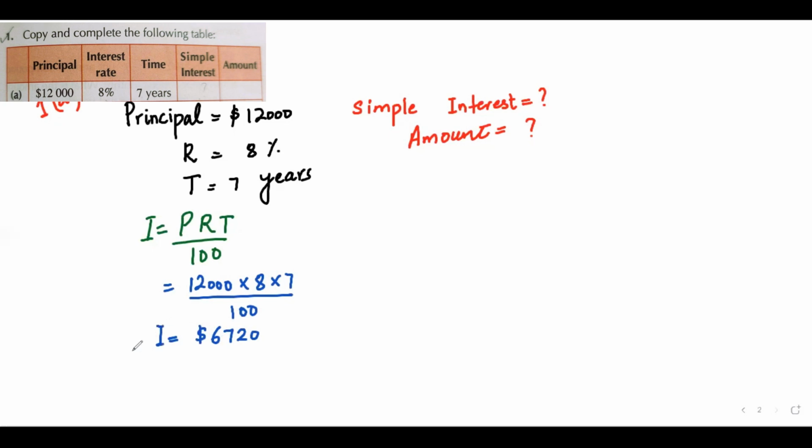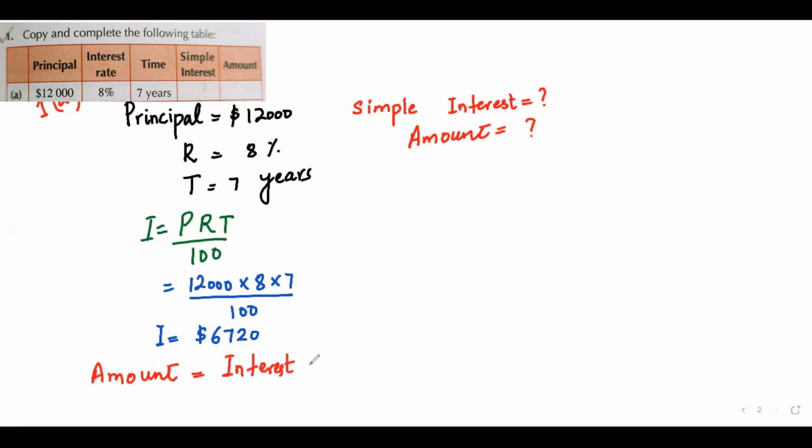But the principal amount was 12,000. How do we find the amount? The principal was 12,000 and the interest on the 12,000 that you have to pay, or maybe that you received from the bank, is $6,720. So now you have to find the amount after that simple interest. Amount is equal to interest plus principal.